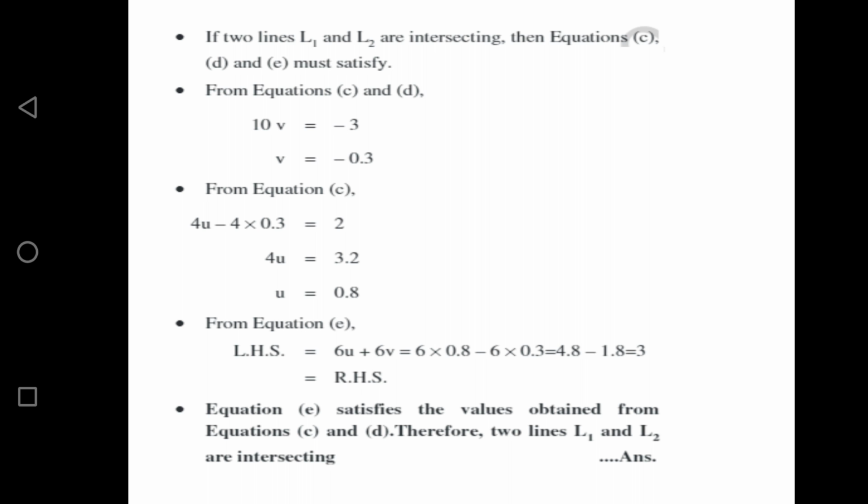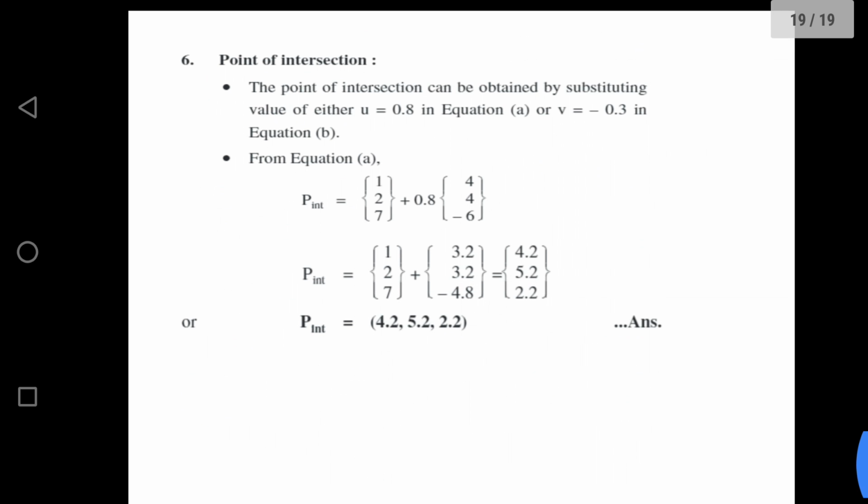Okay, intersecting. He also asked us that if these two lines are intersecting, we have to find the point of intersection, the coordinates at the point of intersection. What do we need to do? We just take the parametric equation of the line, either L1 or L2, and substitute the values of u and v.